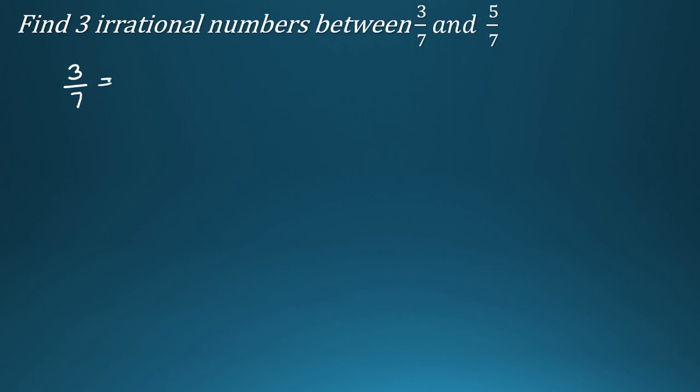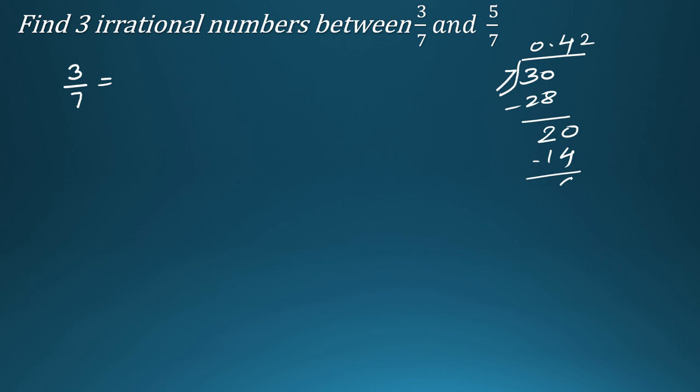For example, 3 divided by 7. You need a long division for this. 3 divided by 7, it's a smaller number, so 0 point, here it will become 0. 7 times 4 is 28, the remainder will be 2, and then 0 again. 7 times 2 is 14. Now leave it up to here only, and we'll see the second number also.